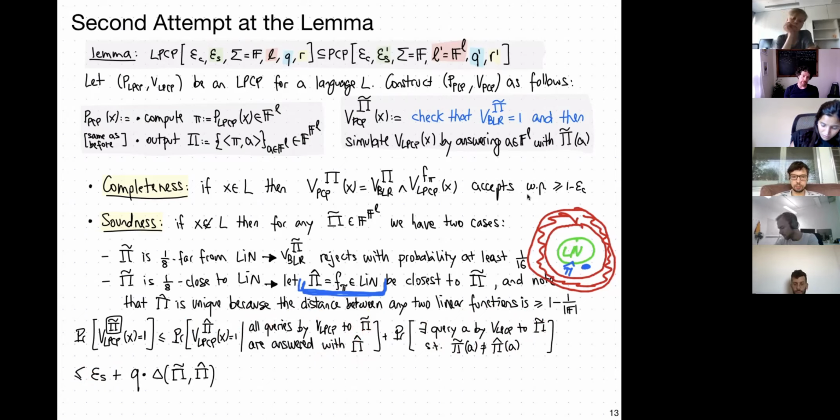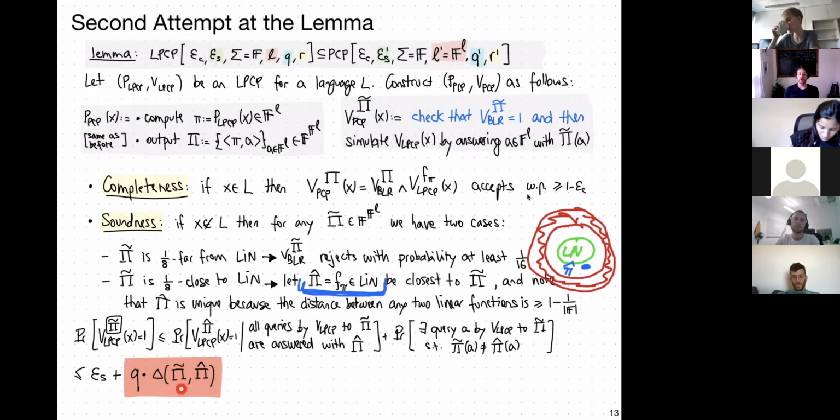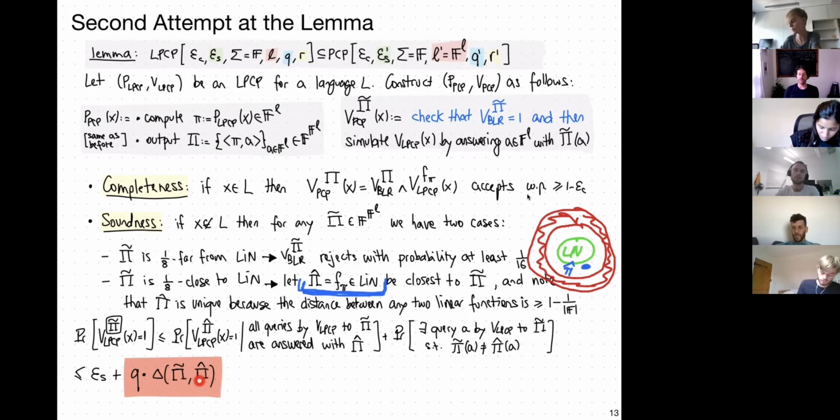But the problem is that if you look at this, we make Q queries, and this is the fractional distance, the probability of us hitting a noisy element, where these two proofs disagree. And this can only hold if the queries that we're making are completely uniform at random. So just to make this less confusing.